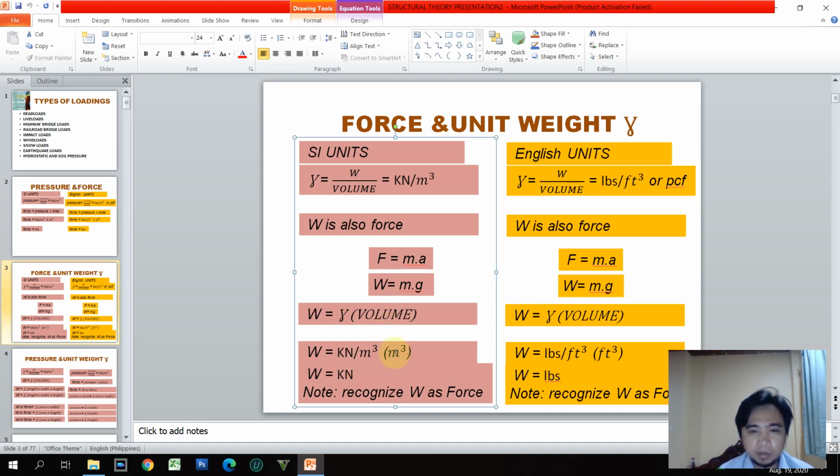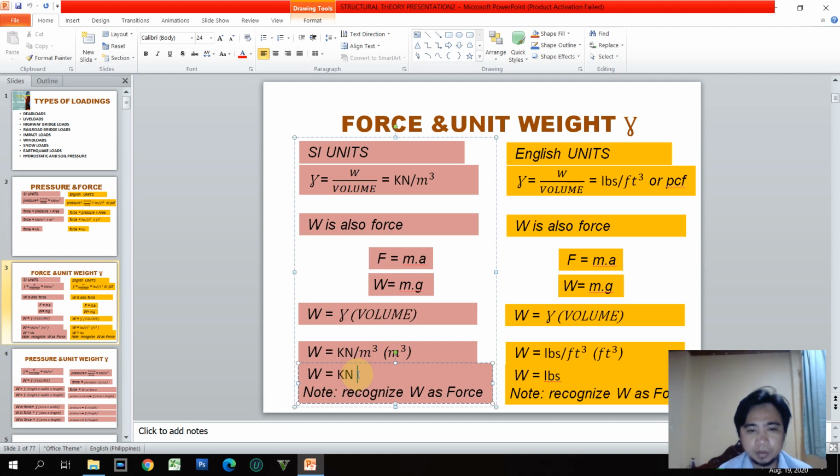And then doing that, cubic meter now is cancelled, then weight is derived. Okay, so this is very important in deriving the dead load. Later on you will know that dead load is just a self weight of structural elements that will be included also in analysis of the structure.